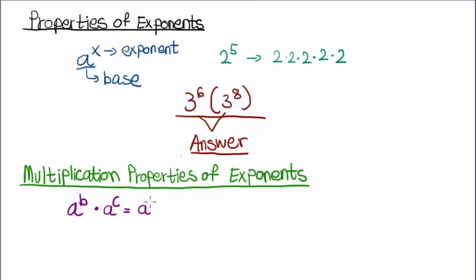Basically, a to the power of b plus c is the same thing as saying a to the power of b times a to the power of c. Now this holds true for all positive integers b and c.